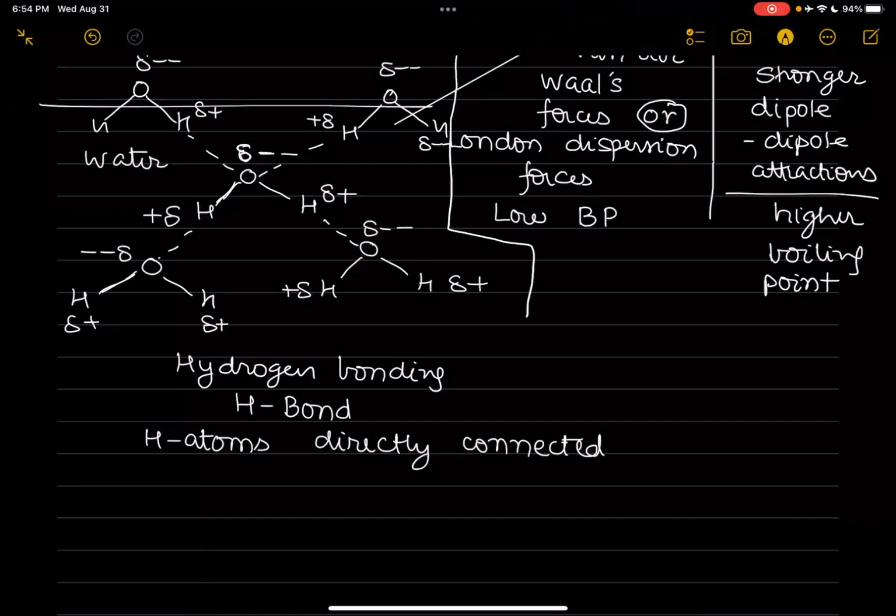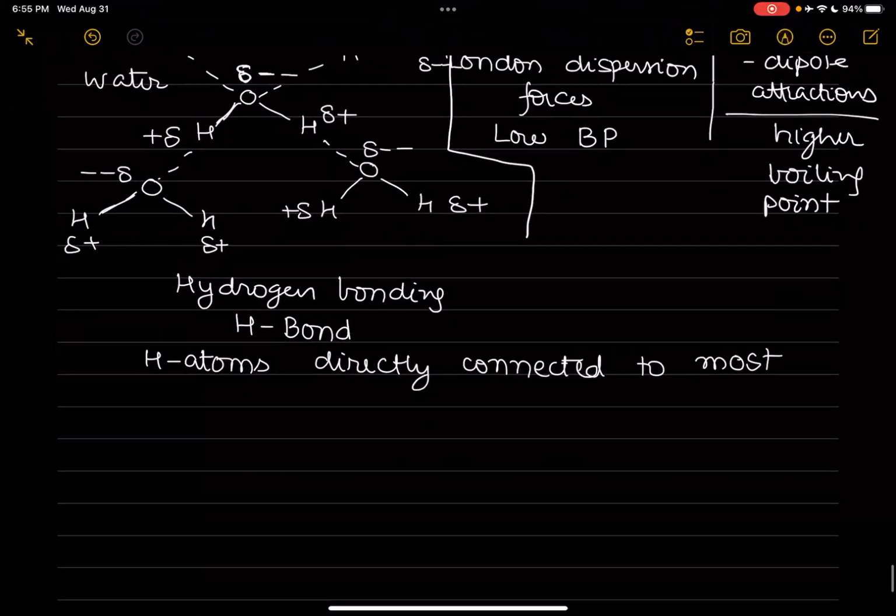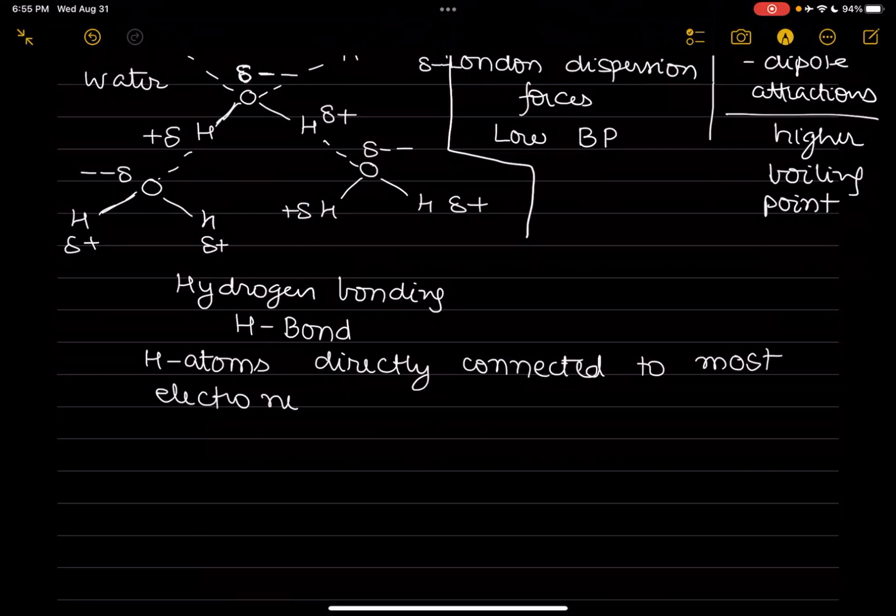H atom directly connected to most electronegative atoms.